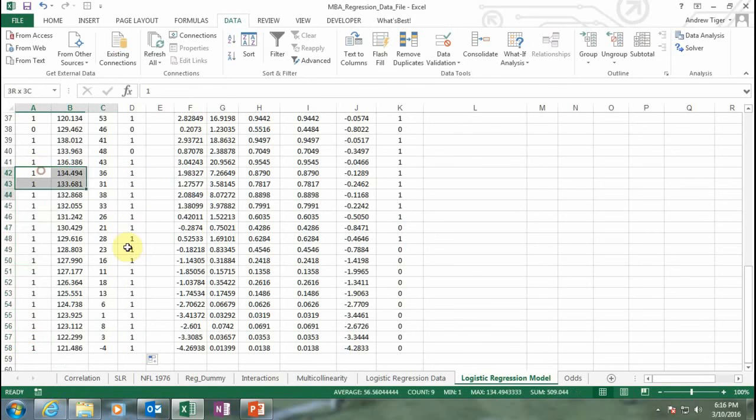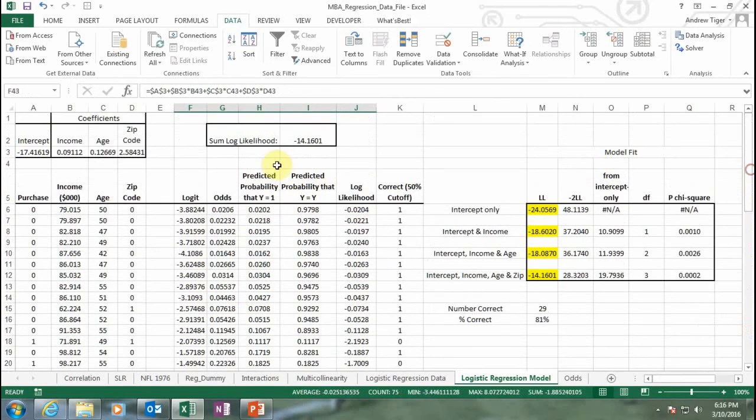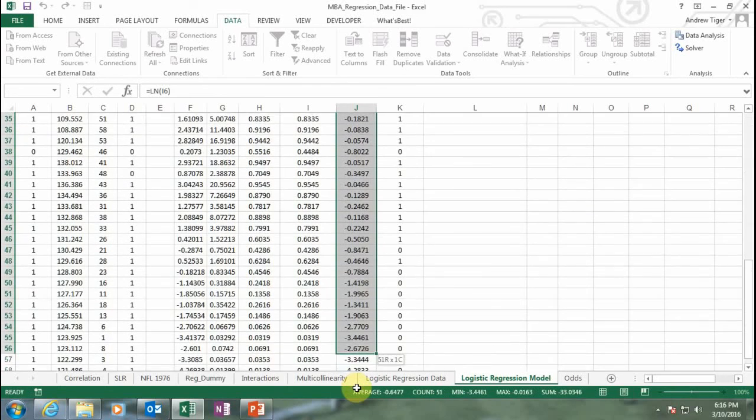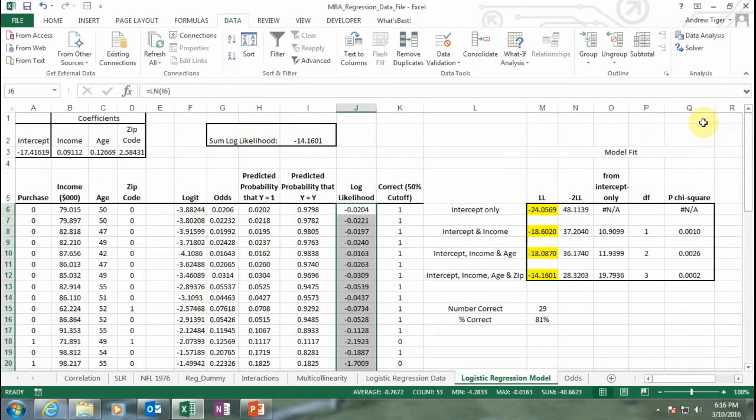So if I had more data, see how these all copied? And then I would go back up here. This log likelihood would need to encompass everything, so I can make it do a larger data set. And that's it. And then you rerun the model.